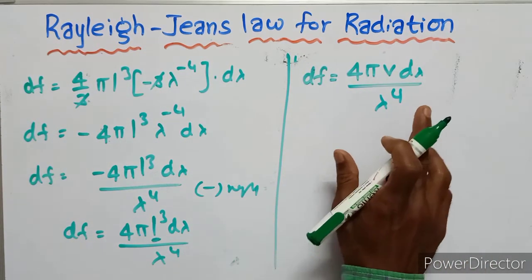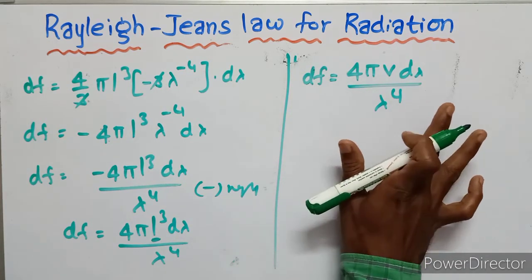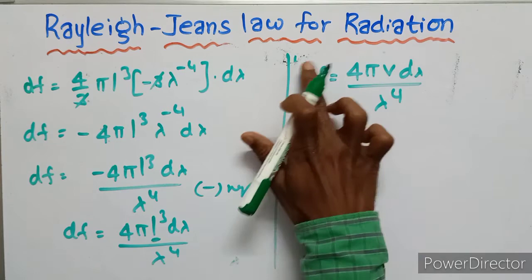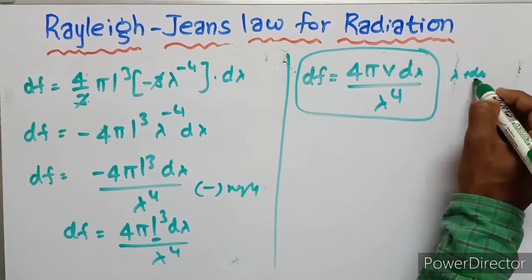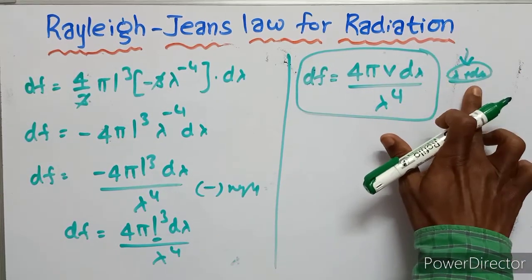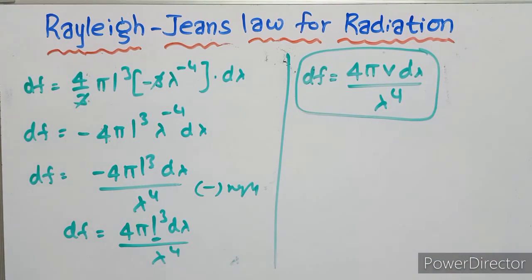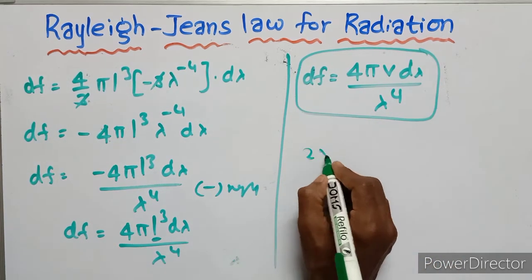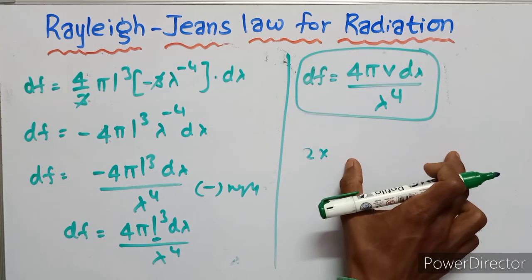So this is the number of vibrations in the section given by lambda plus d lambda. That is the derivation of the frequency. Here we have to derive the number of vibrations in total section given by 2 into transverse vibrations in electromagnetic waves.